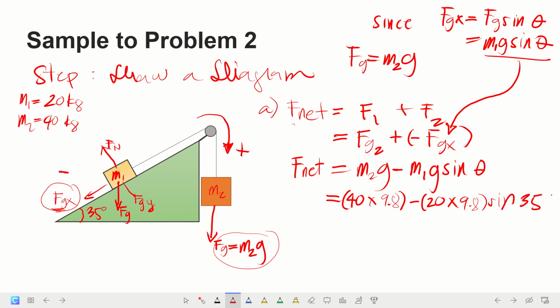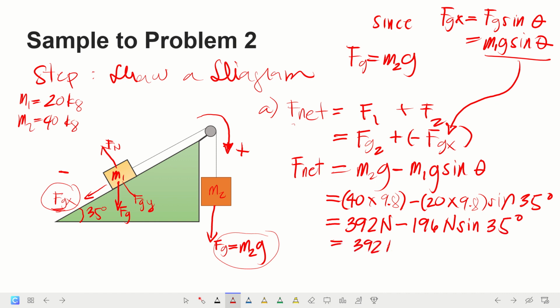So 40 times 9.8 is 392 newtons, minus 20 kilograms times 9.8 meters per second squared, which is 196 newtons, sine 35 degrees.